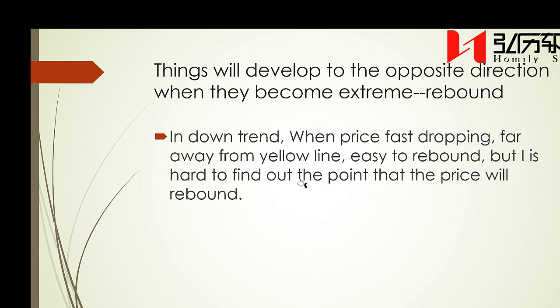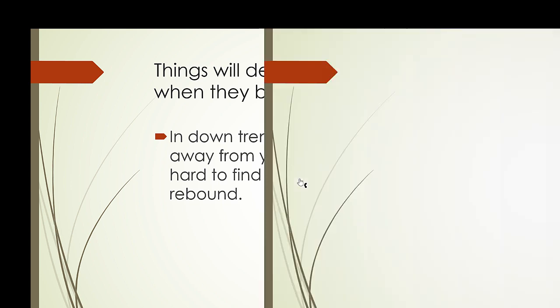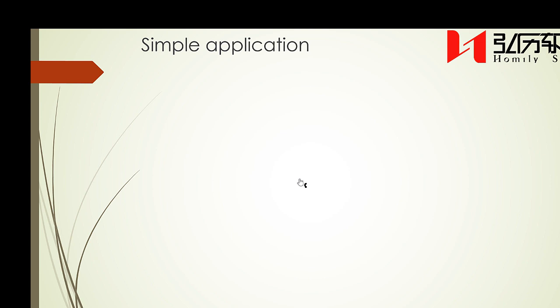Turning point? 乖离率. Deviation. Right? Okay, never mind, I will check it. So in a downtrend, most probably the price will rebound. In an uptrend, most probably the price will pull back.